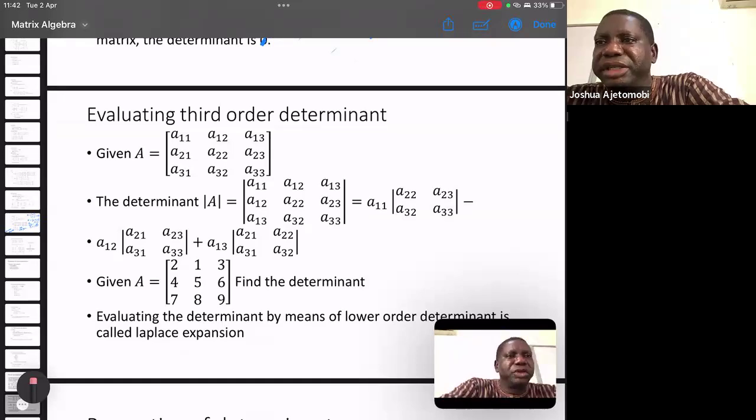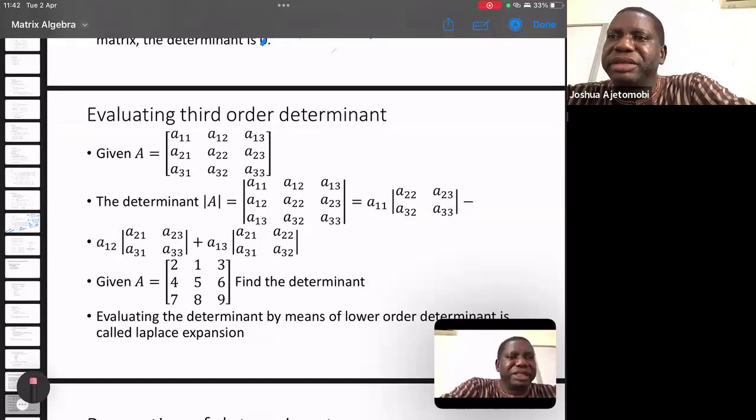If you want to get the determinant, you will have to obtain the minor of any row or column that you wish to use to expand it.